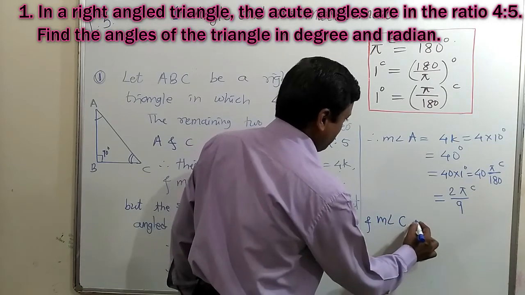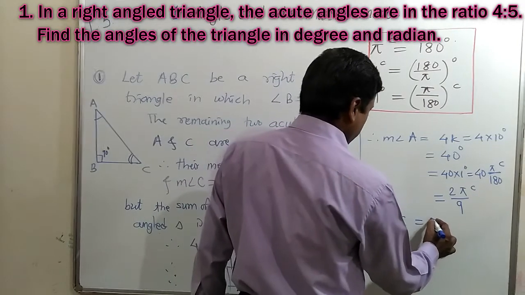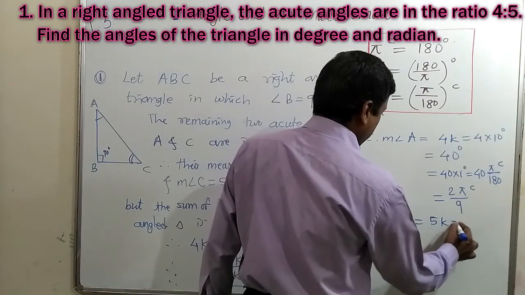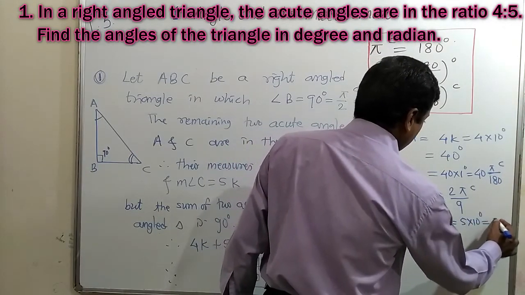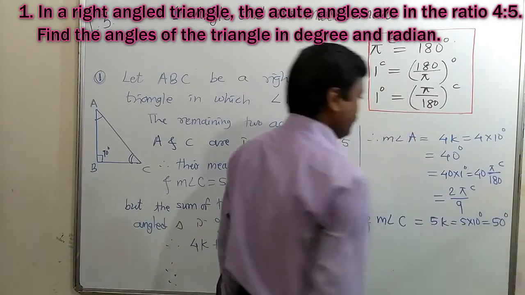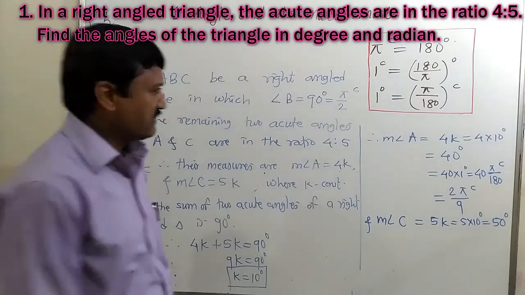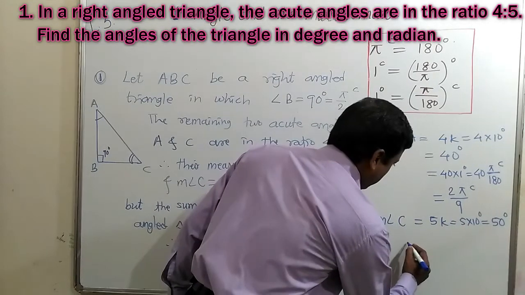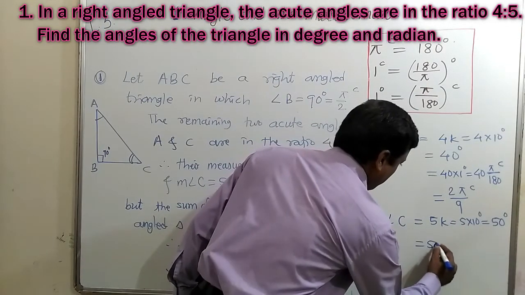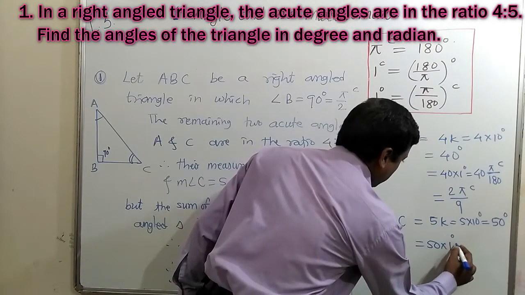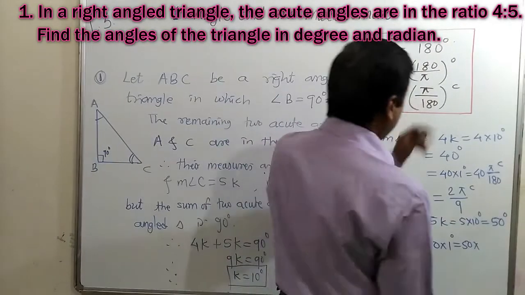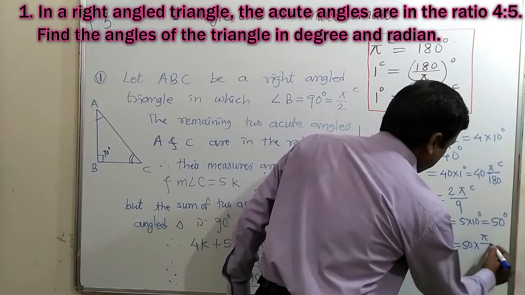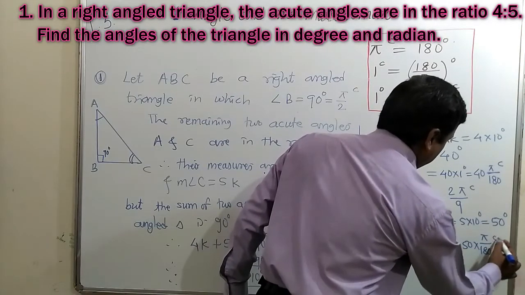The measure of angle C is 5K, so it is 5 into 10 degree, that is 50 degree. Let us convert it into radian. This 50 degree is 50 into 1 degree, which is 50 into pi by 180 radian.